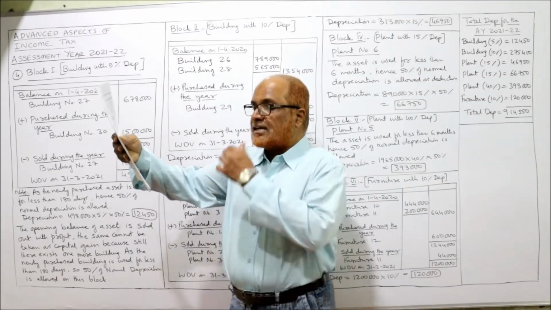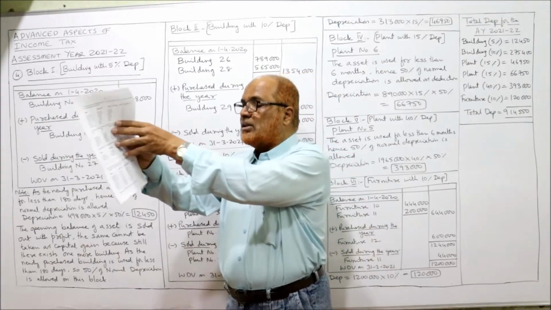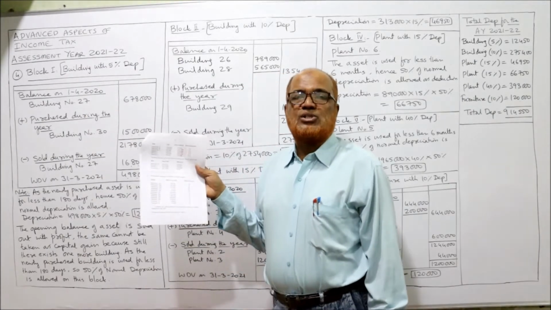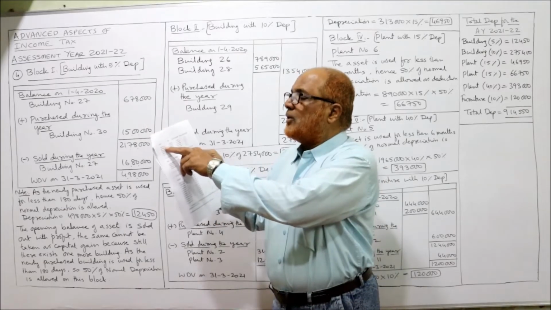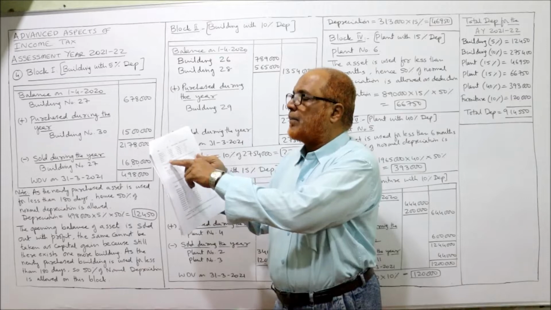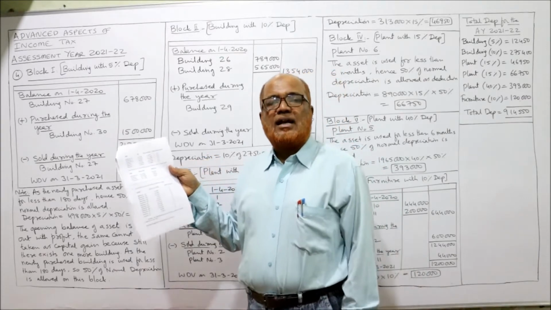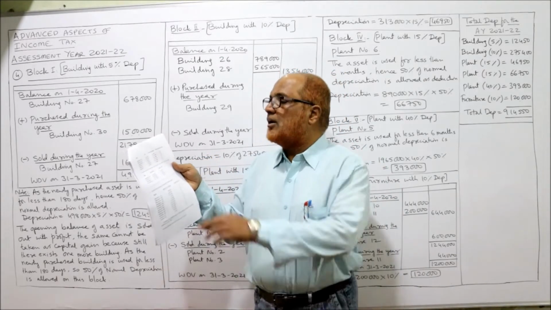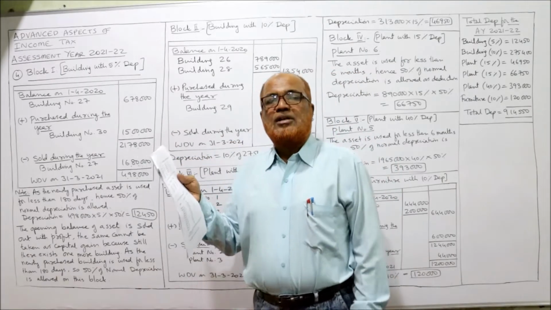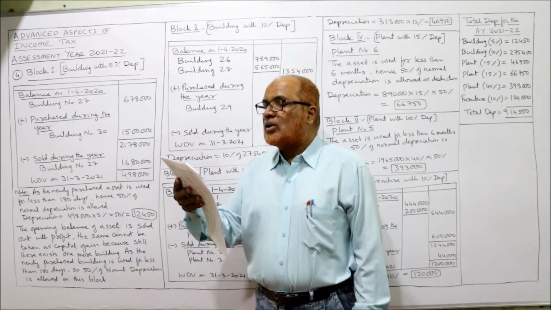Now the assets purchased by Mr. Srinivas Rao during the previous year are as under. Building number 29, building 30, furniture 12, plant 4, plant 5, plant 6. These are the assets purchased during the year. Cost and date of purchase are given.